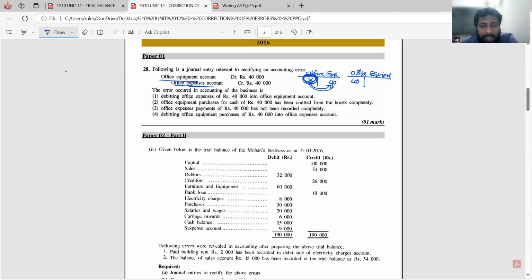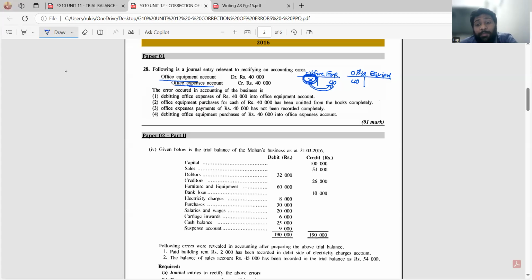So let's see whether it is there in the answers that they have given. Debiting the office expense 40,000 into the office equipment account. Office equipment purchase for 40,000 has been omitted from the books. Office expense payment 40,000 has not been recorded.